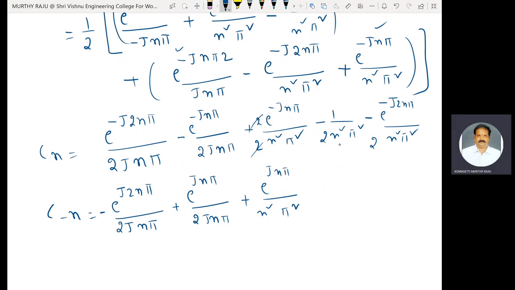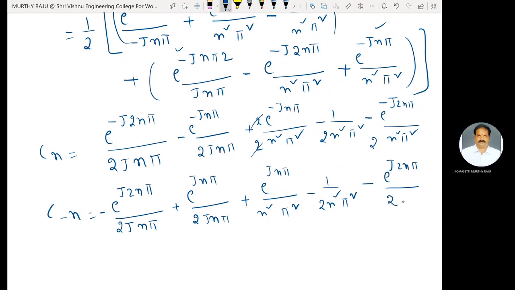Here n is replaced with minus n, therefore the value is as it is, minus 1 by 2n square pi square minus e power j 2n pi by 2n square pi square. This is the C minus n.